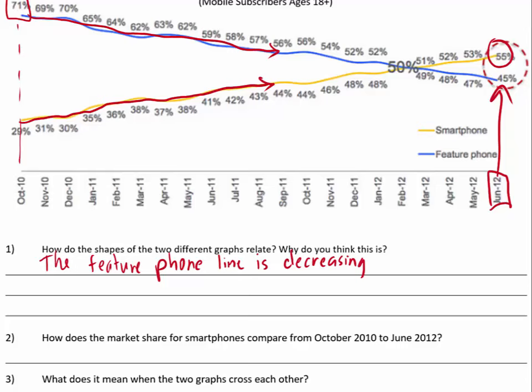It's not straight. It's kind of curvy. It's varying. So it's decreasing at a varying rate. Now, this is opposed to the smartphone graph, the yellow graph right here. It is increasing at a varying rate.